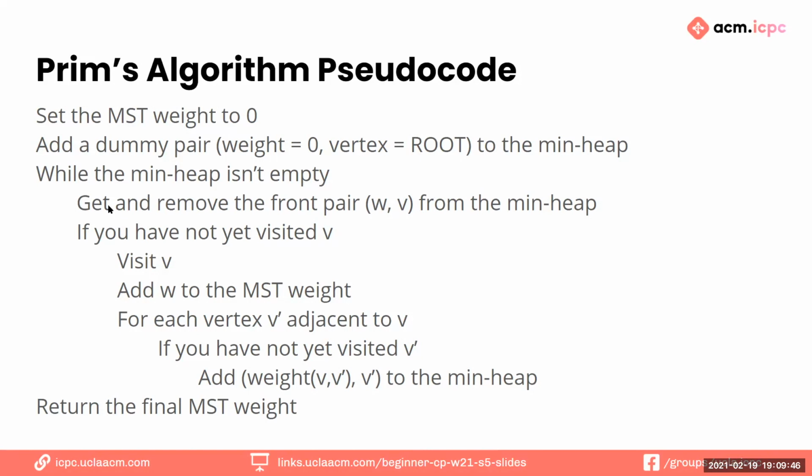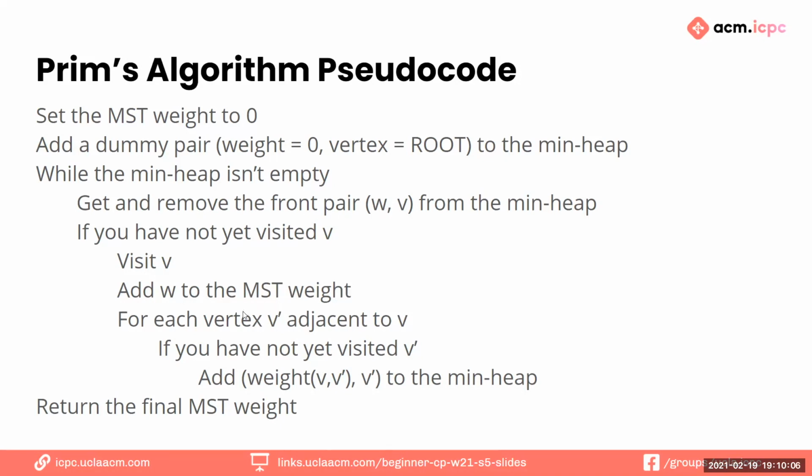You want to get and remove the highest priority pair, which we'll call WV, from the min heap. And if you haven't visited vertex V yet, then visit it. You add W to the minimum spanning tree weight.